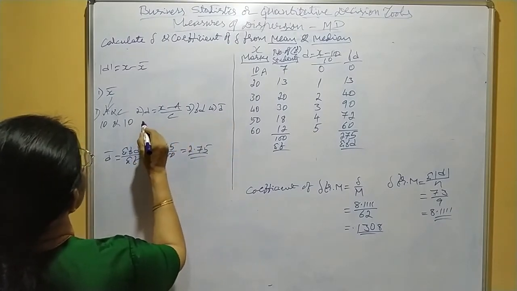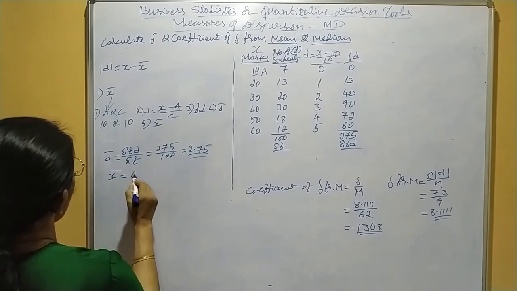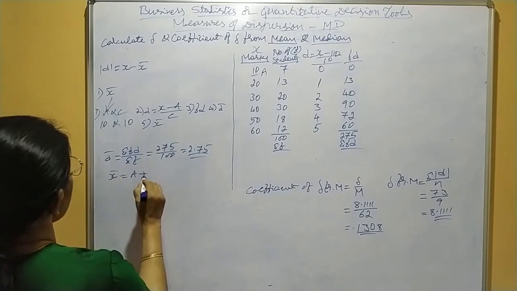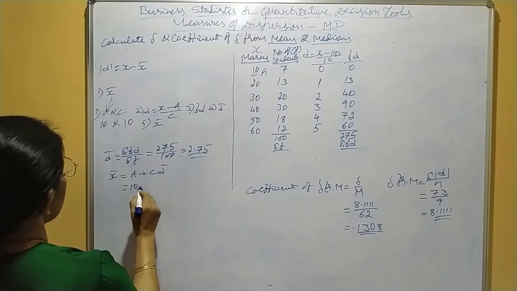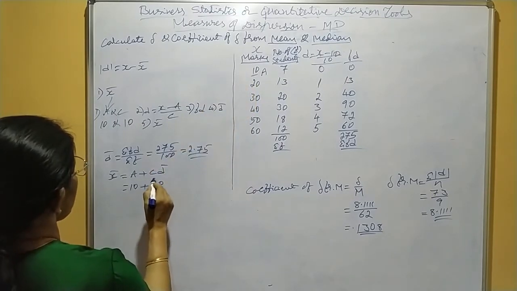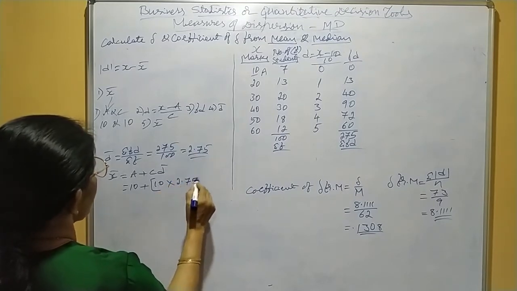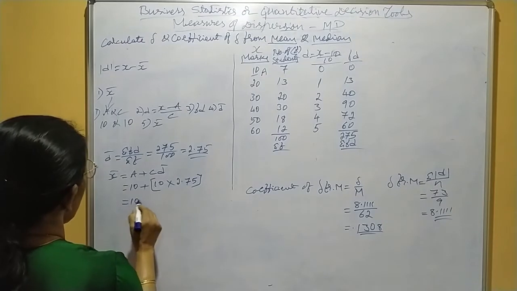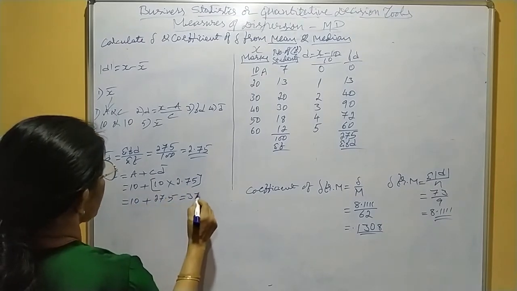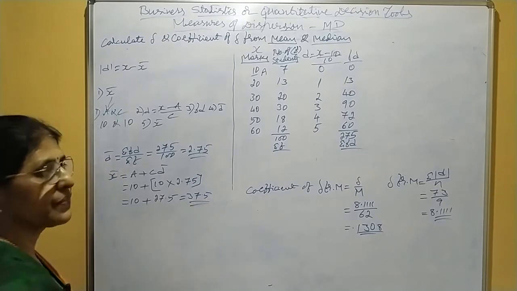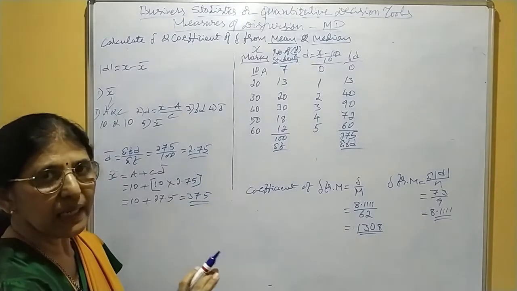Fifth step is x bar. X bar equals a plus c d bar. A is how much? 10. C common increment 10 into d bar 2.75 equals 10 plus 27.5 equals 37.5. Okay. Now x bar is calculated.